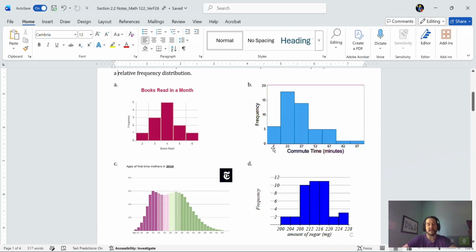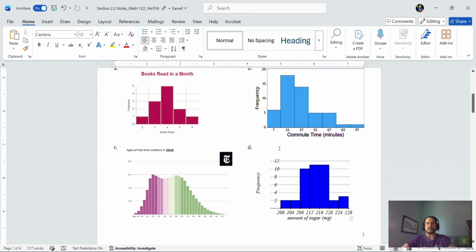So we have 22 minus 7, giving us 15, 37 minus 22, giving us 15, and so on and so forth. And we could even infer the class lower limits and upper limits. This would not necessarily, in my opinion, represent a normal distribution. It appears to be skewed right, which is something that I'll get into later on in this video.